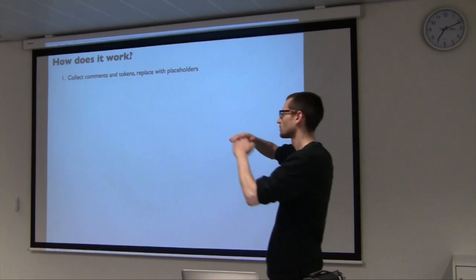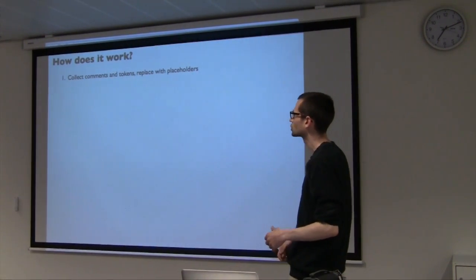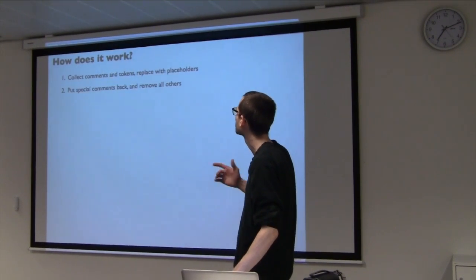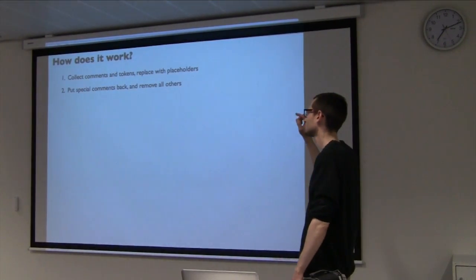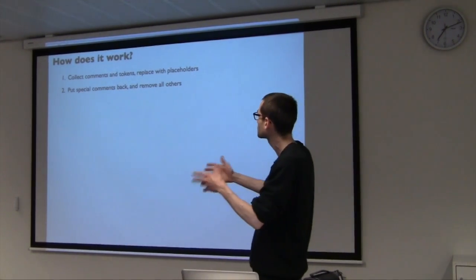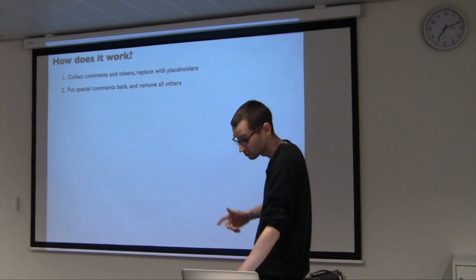First, it goes through the whole CSS, collects all the tokens and comments, and puts them aside in order to investigate them. Then there are some special comments where you can say, I want this comment to be preserved, so it's pulling those back.